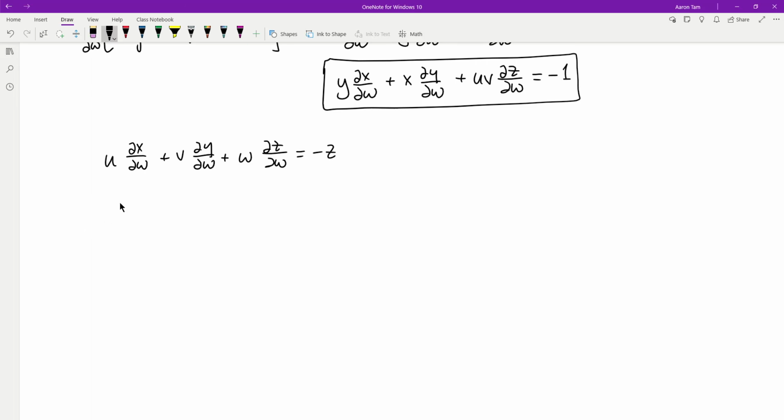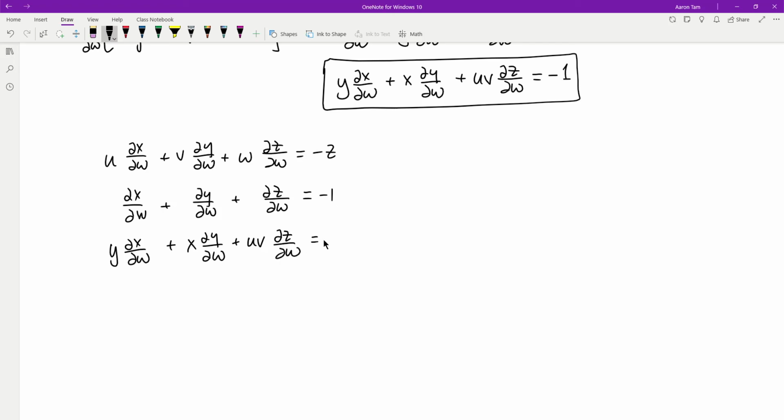My second equation says dx dw plus dy dw plus dz dw equal to negative 1. My last equation said y dx dw plus x dy dw plus uv dz dw equal to negative 1.